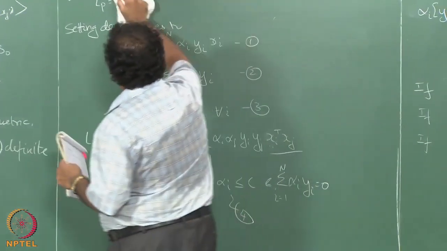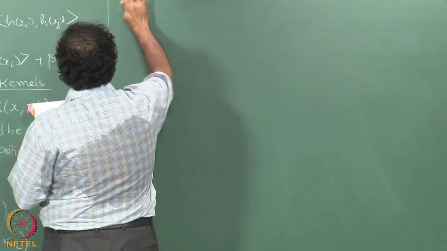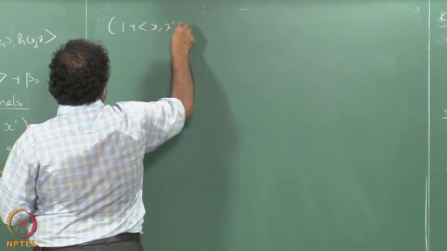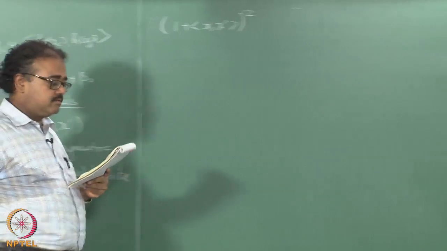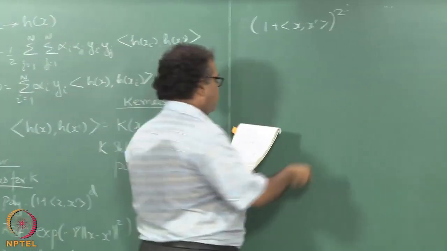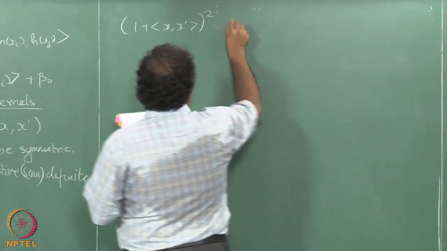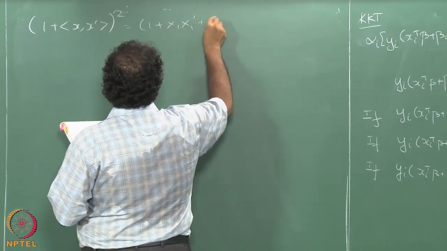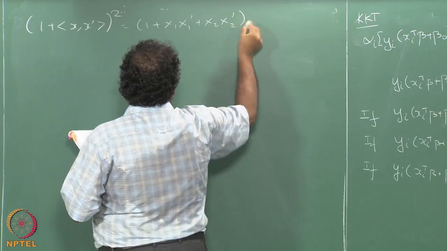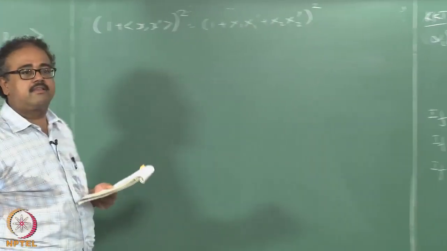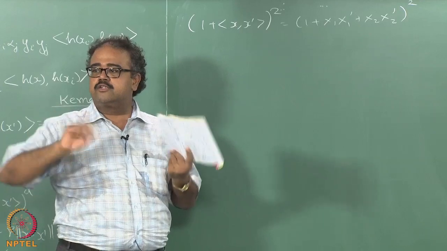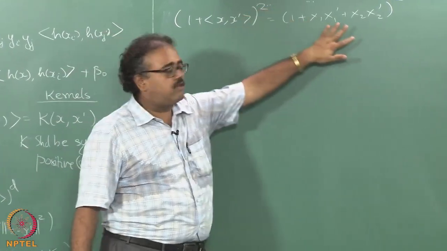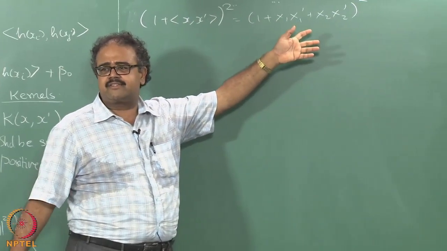So just to convince you, let's look at the polynomial kernel of degree 2, operating on vectors of 2 dimensions. So there are two 2's here. The degree d is 2 and p is also 2. But they need not necessarily be the same.